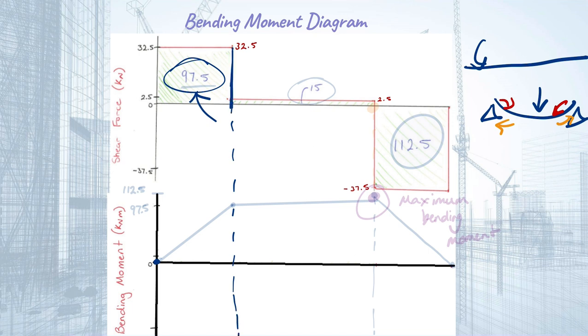We're going to go up, because it's above the x-axis, 97.5 kilonewton meters. So we go across to here, and this is 97.5. Then we can extend a line from 0 up to there.